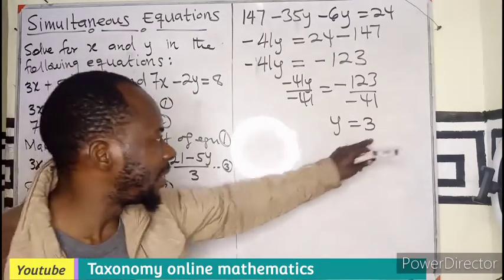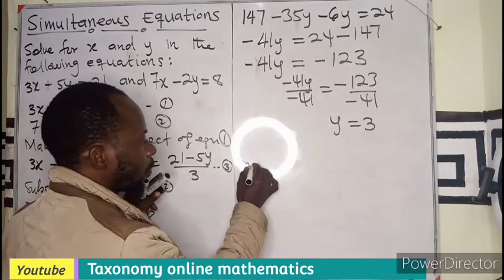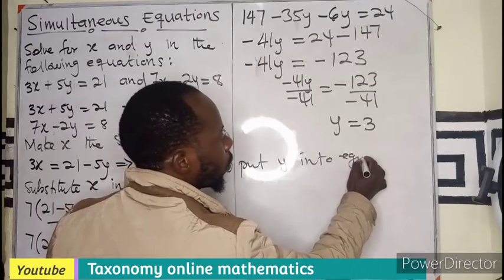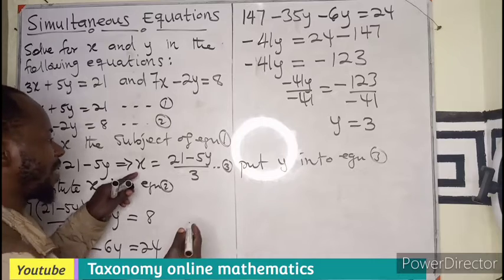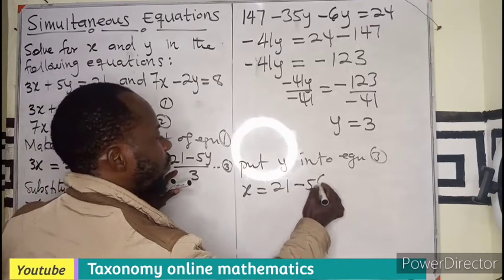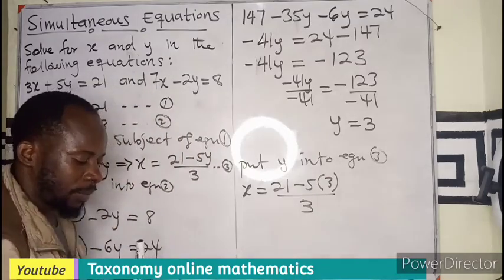So if y is 3, you still come back to equation 3. So put y into equation 3. Then that will still give us x equals 21 minus 5y, which is 3, over 3.